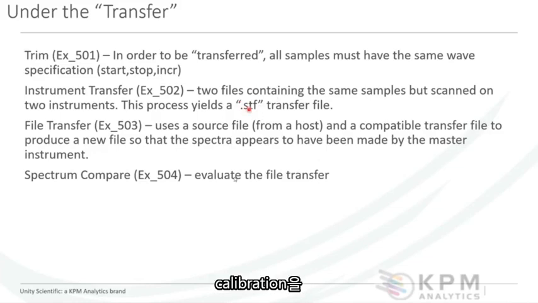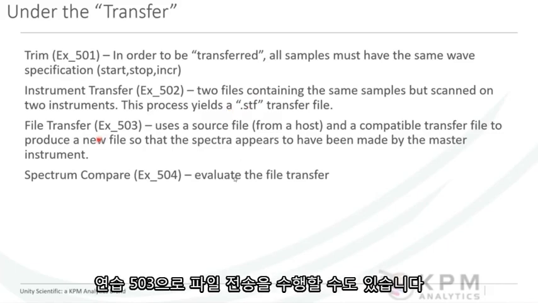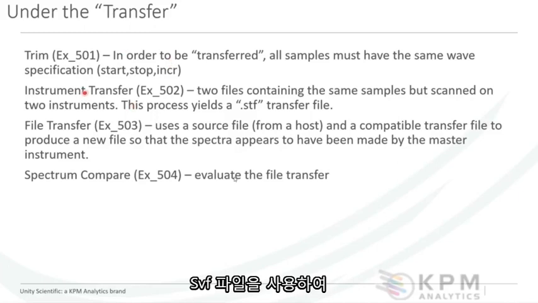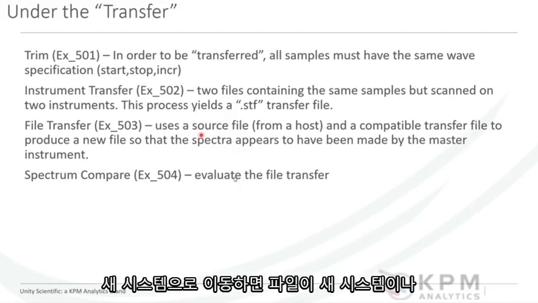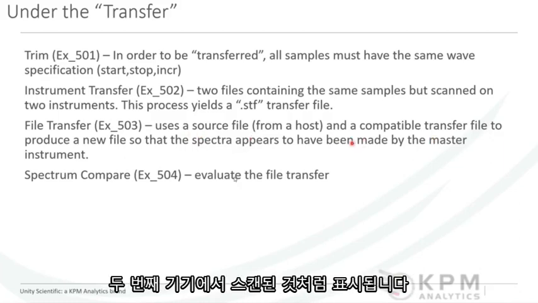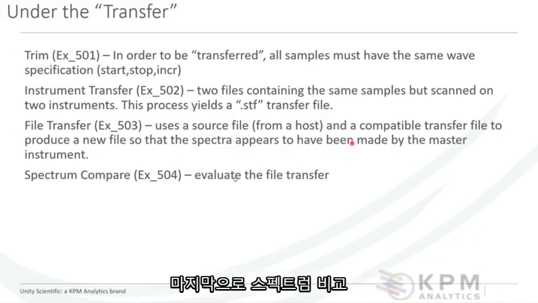The STF file will describe the differences between them. You can also do a file transfer. It's exercise 503. You can take files from a previous system using the STF file, and you can move them to the new system, so that the file appears like it was scanned on your new system or a second instrument, okay?